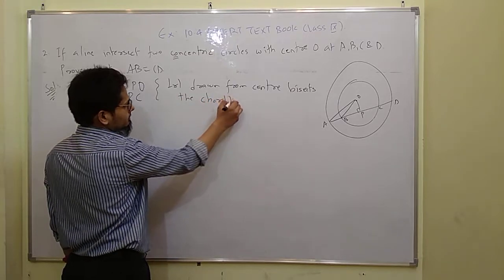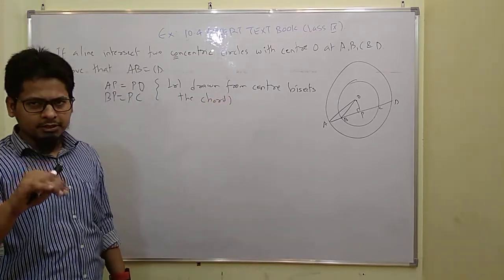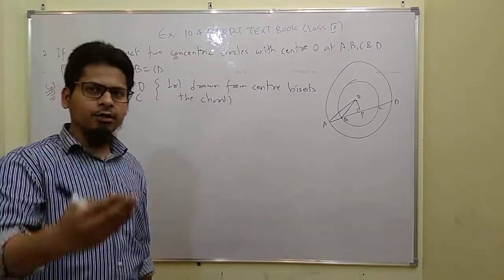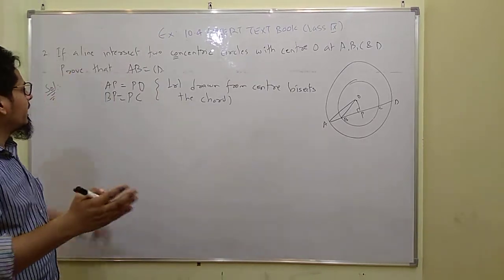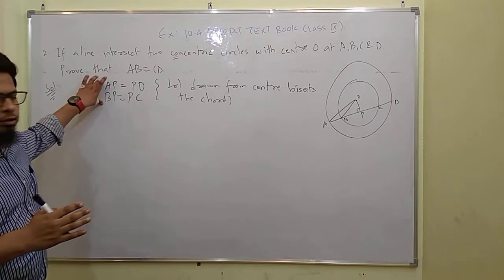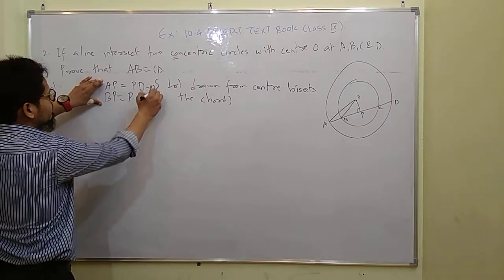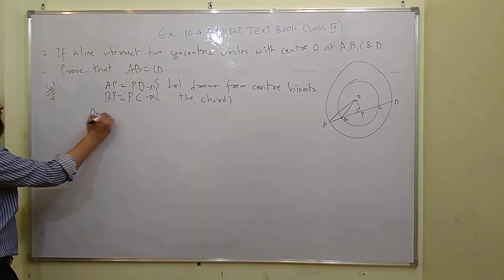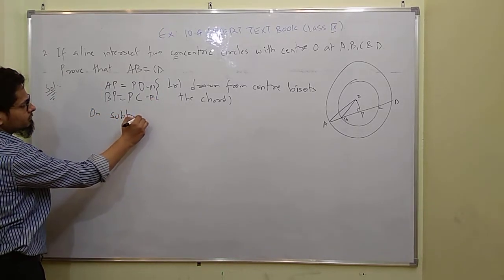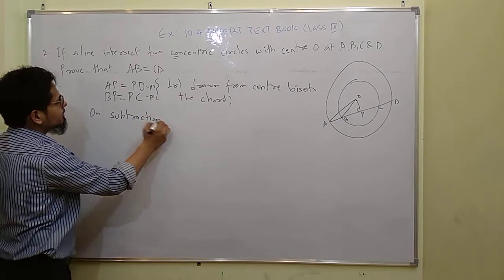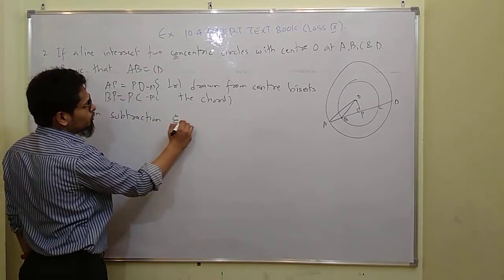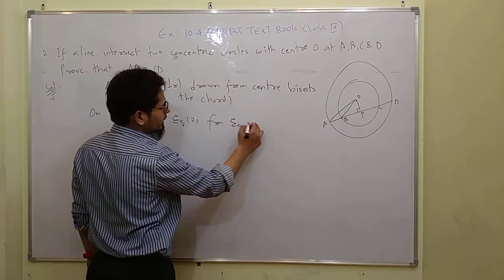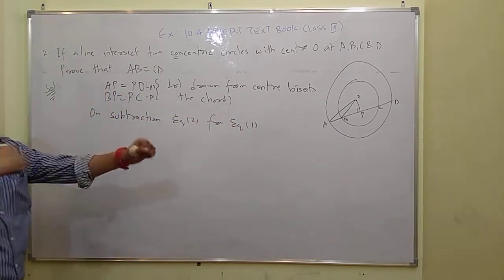Class, whatever question is left from this exercise, we will do all that in the next videos. Okay, we will continue. And these are the two equations we have. So now subtract AP minus BP, on subtraction, equation 2 from equation 1, okay? I started from 1 and subtracted 2.